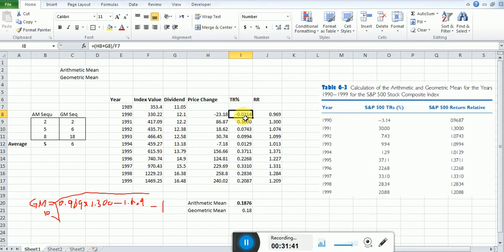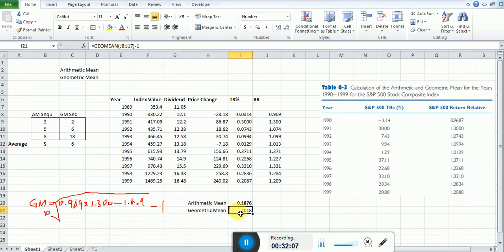Here the rate of return is 30, which means in the second year your investment will increase by 30%. In the third year your investment will increase by 7.43%, and in the fourth, in this way. So these are the rates of return given in each year, right? So you can see how much is the average rate of return.